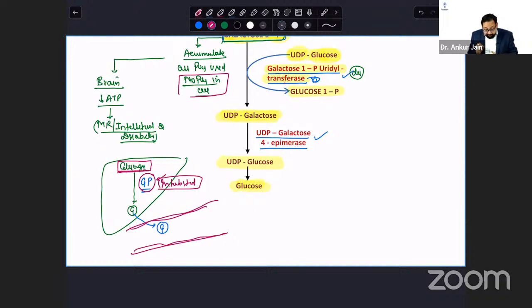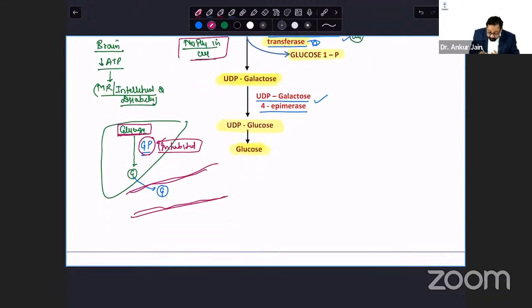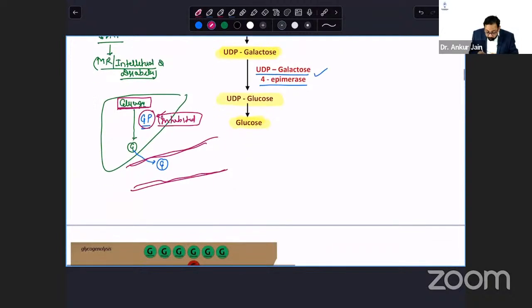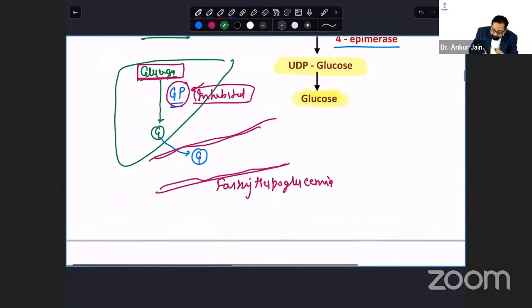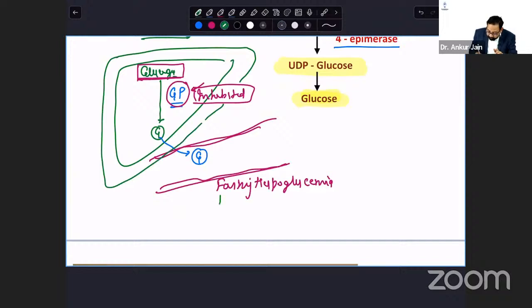When this remains inhibited, glycogen will not be broken down to maintain blood glucose: fasting hypoglycemia. This glycogen will accumulate in liver, and there would be hepatomegaly.